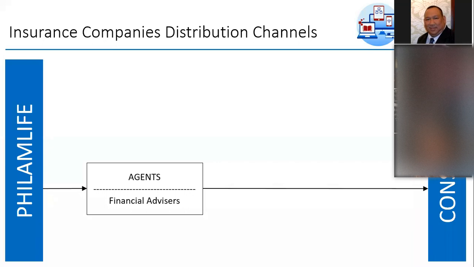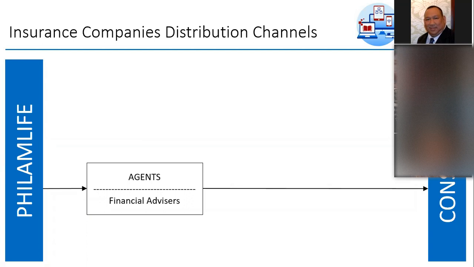Ito yung sinasabi yung direkta na kumakatok sa inyo, na nag-a-approach sa inyo. Hindi Film Life yung company, pero they are using the field agents. Iba yung employees na nagtatrabaho sa kanila, iba pa rin yung field agents. Later on, malalaman natin ang importance ng field agents sa pag-select ng distribution channel.